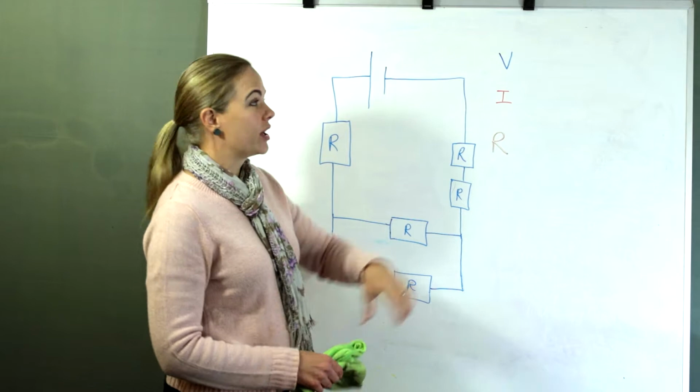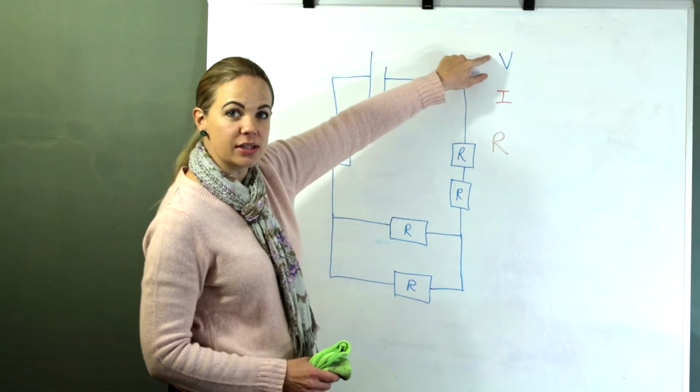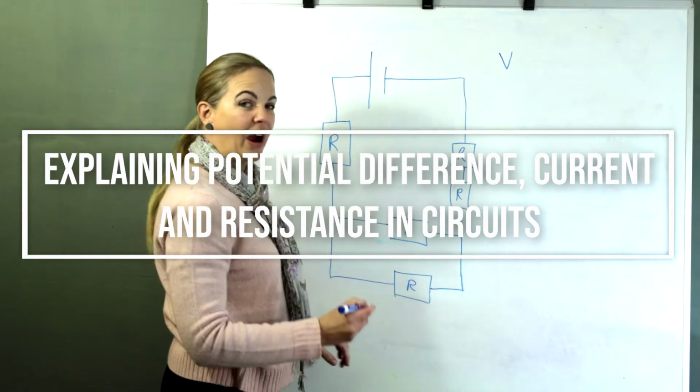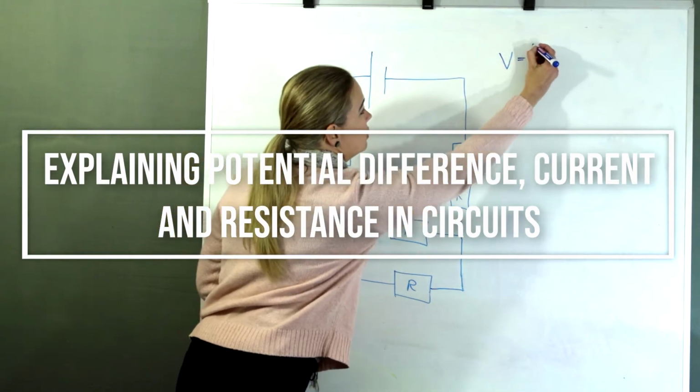Okay, so let's start with V, the potential difference in volts. One of your equations will look like this.